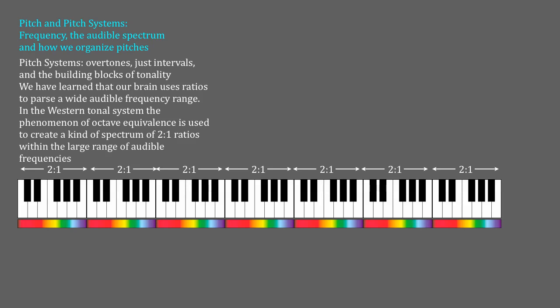So in this example, every D has a certain color, every D sharp has a certain color, and that is indeed a little bit how our ear parses the wide range of audible frequencies we hear in music. Even without perfect pitch, we use our sense of relative pitch to hear how these interval ratios are being used in tonal structures.